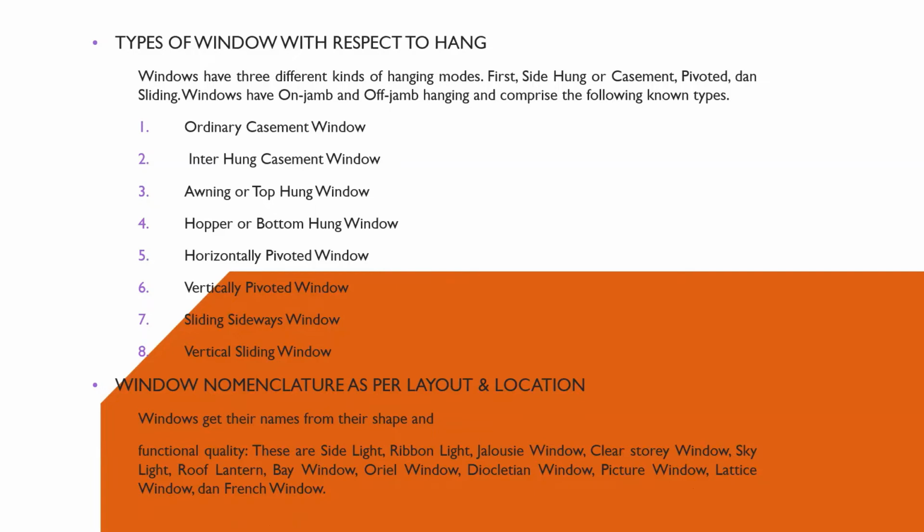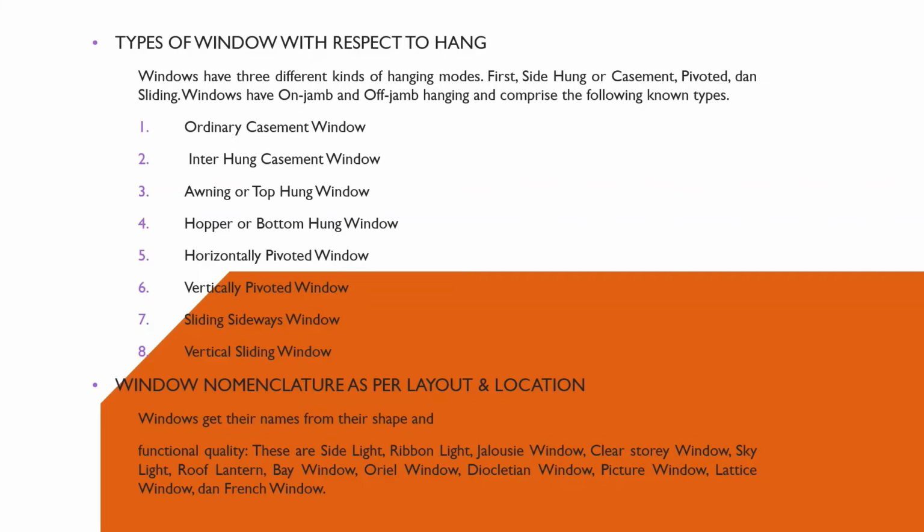Number three, awning or top hung window. Number four, hopper or bottom hung window. Number five, horizontal pivoted window. Number six, vertical pivoted window. Number seven, sliding window.